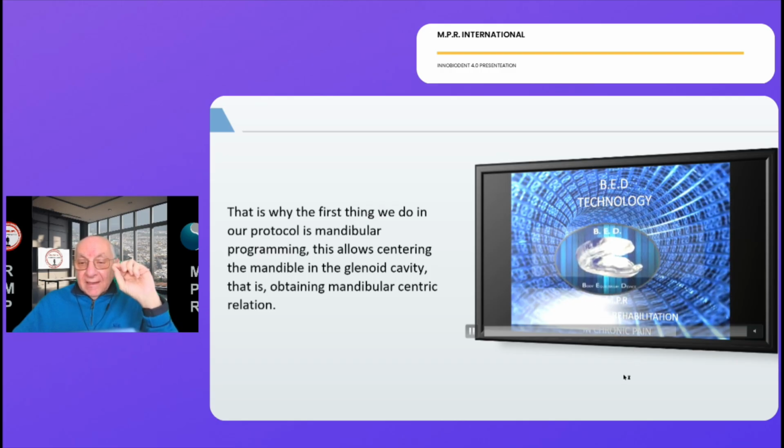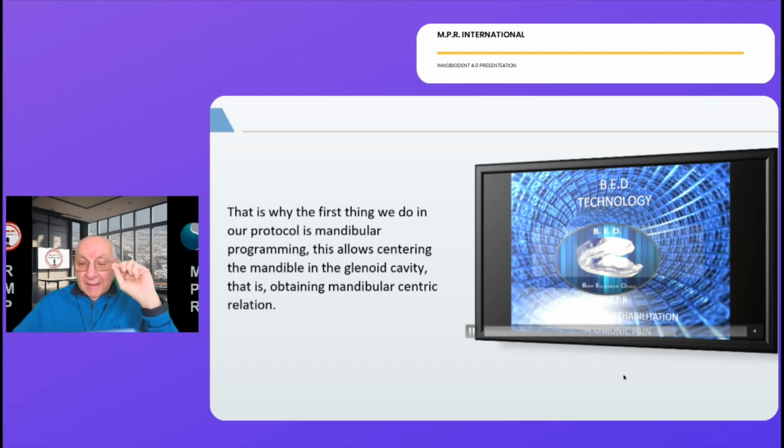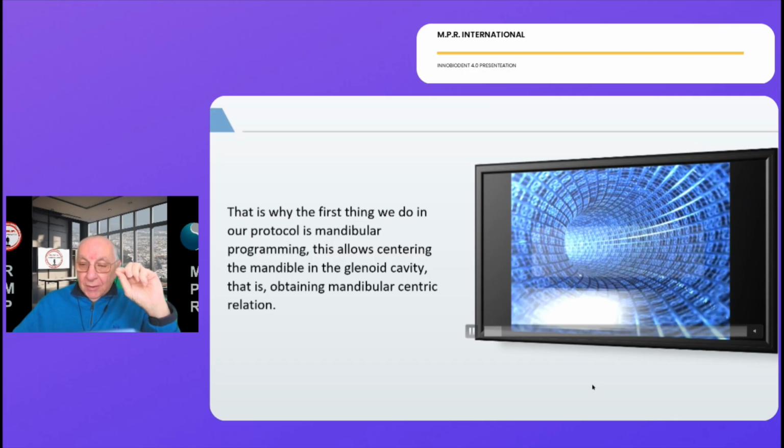Achieving this centric relation provides the foundation for all subsequent diagnostic and therapeutic steps. It ensures that the vertical dimension we later establish is based on a mandibular position of balance, symmetry, and functional harmony with the entire postural system.